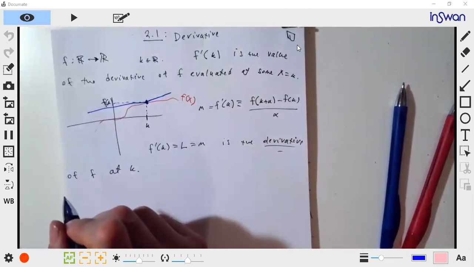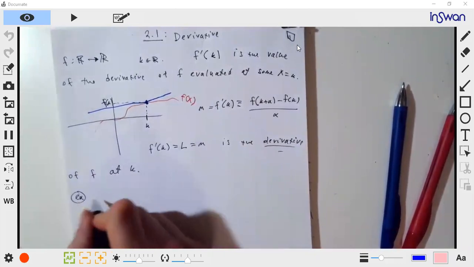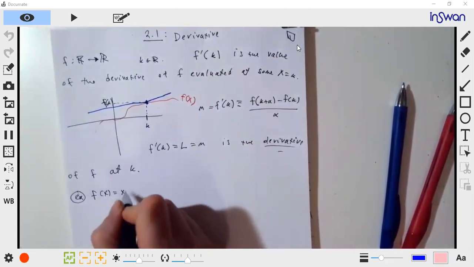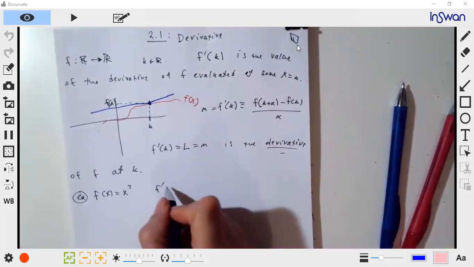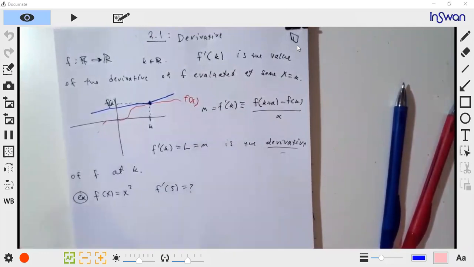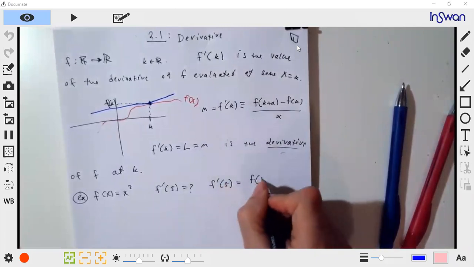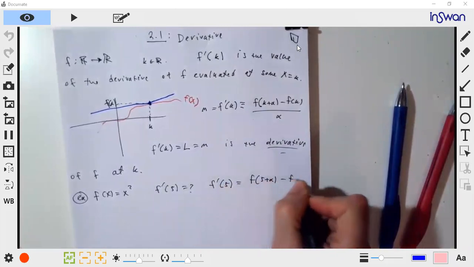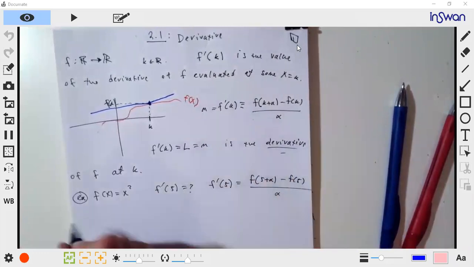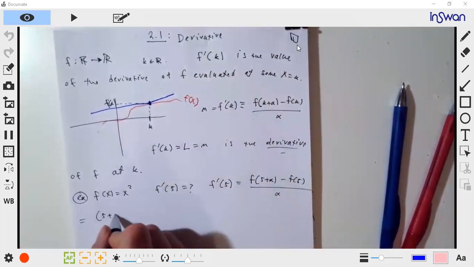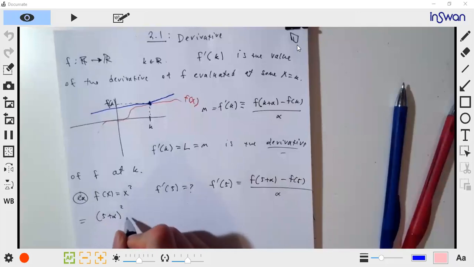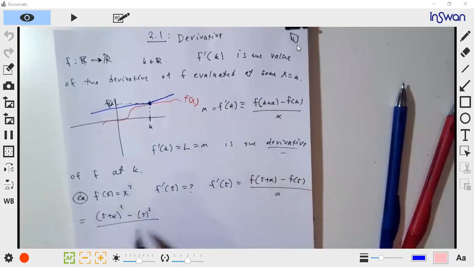Okay. Let's do some examples. What about our function f of x is equal to x squared? What is f prime of 5, for example? Well, by definition, f prime of 5 should equal f of 5 plus alpha minus f of 5 all over alpha. By definition, this is 5 plus alpha squared minus 5 squared all over alpha.